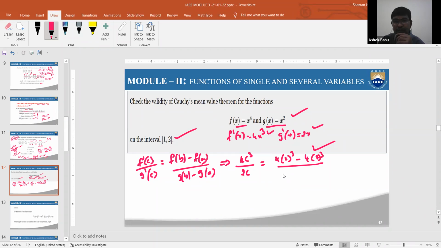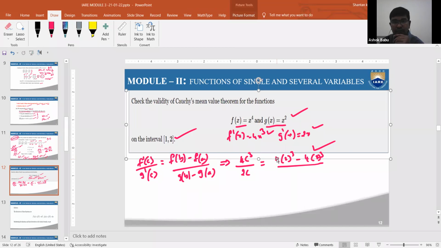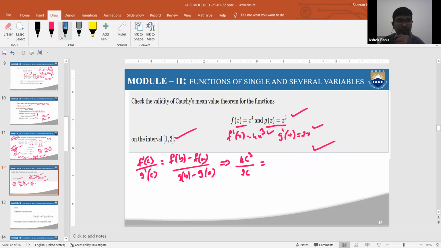What is f of b? 2 power 4 minus f of a, 1 power 4, by g of b, 2 square, g of a, 1 square.